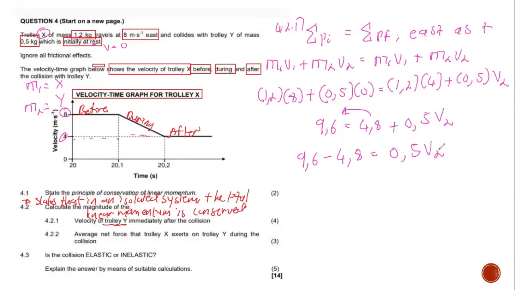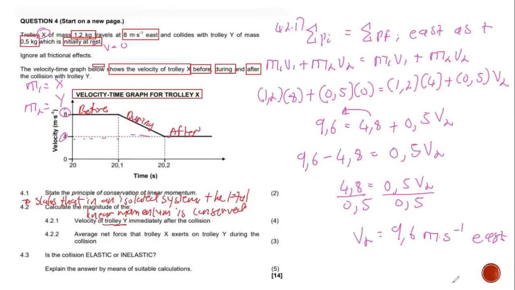So 9.6 minus 4.8 is equal to 4.8, and that is equal to 0.5 V2. If we divide both sides by 0.5, then our V2 will be 9.6 meters per second. And then to which direction? Since it came out as a positive, we are going to say to the eastern direction, east. And that's basically how we would calculate and get that 4 marks right there.